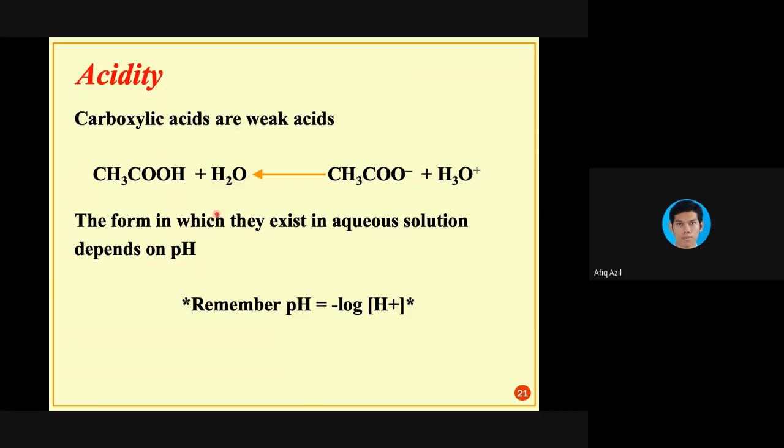So the form in which they exist in aqueous solution actually depends on the pH. If you still remember, last semester you learned in pharmaceutical chemistry 1, to calculate pH, it is equal to negative log concentration of H plus.